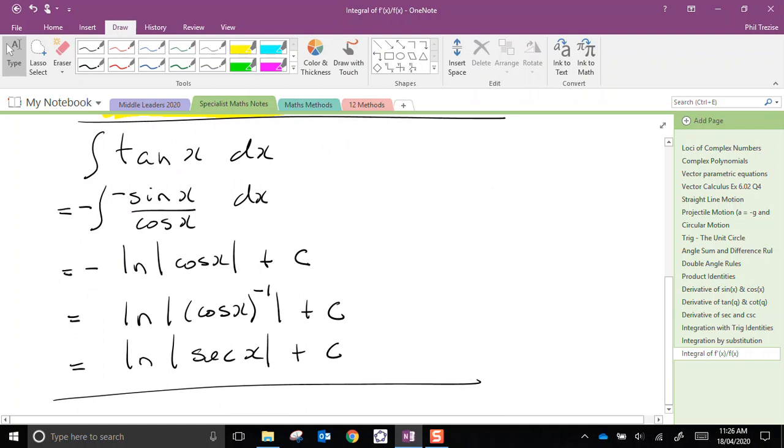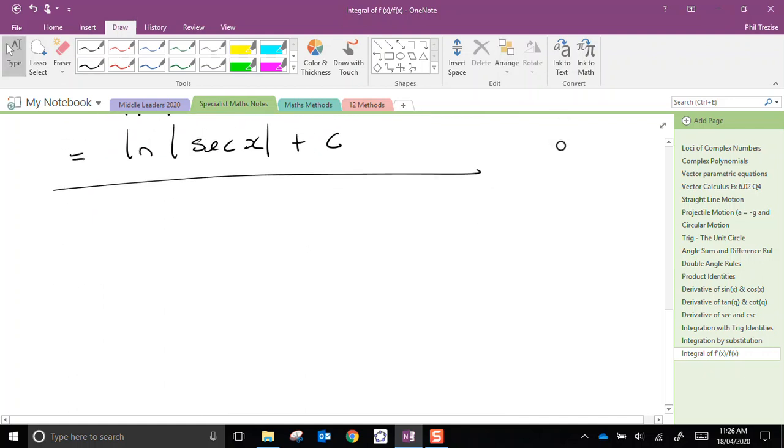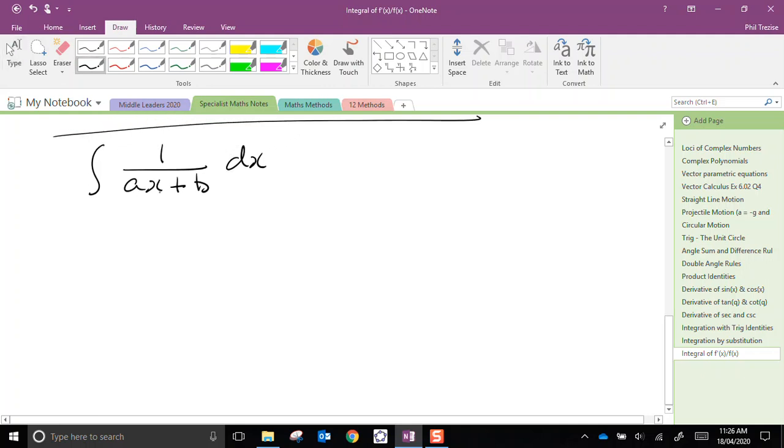Now it doesn't just work with trig ratios. We could also do something a bit more general. What if we had the integral of 1 divided by ax plus b? Now the derivative of ax plus b is a.